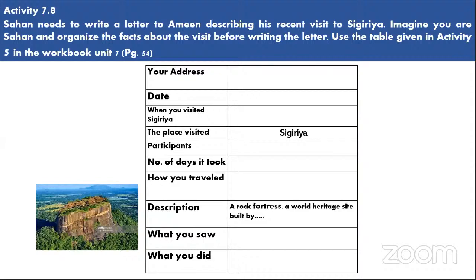So let's see, what are they? It is there in your workbook too. Turn to page number 54. Your address, write it quickly, and the date. Then when you visited Sigiriya. Next one, the place visited, it is given in the book. Then number of days it took. Next one, how you travel.